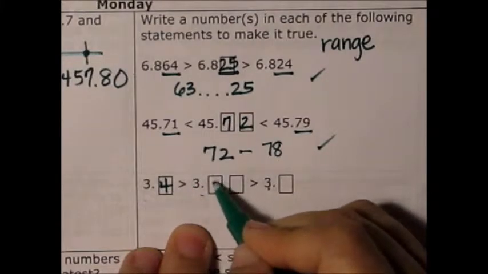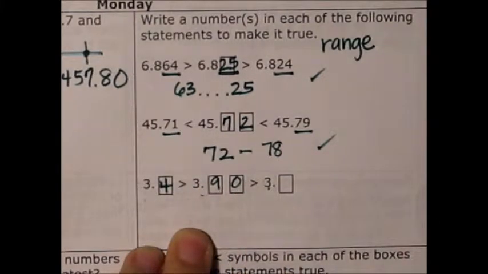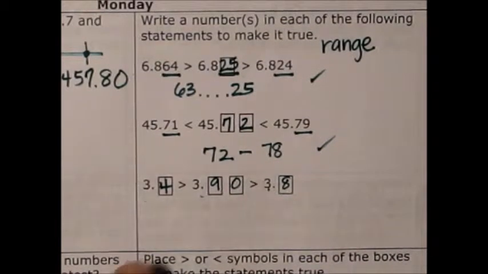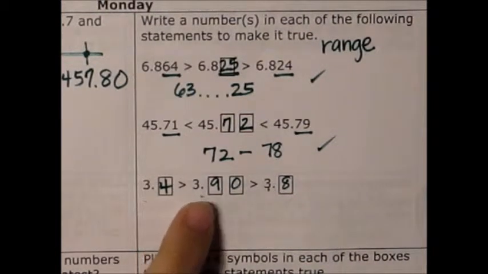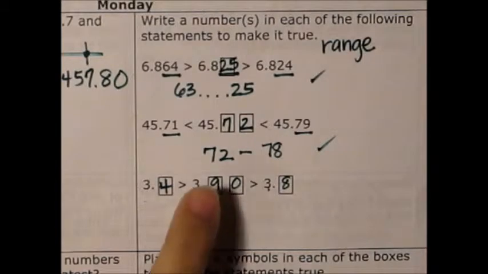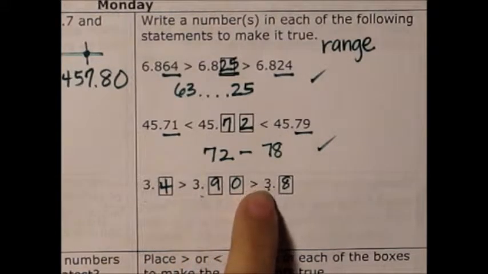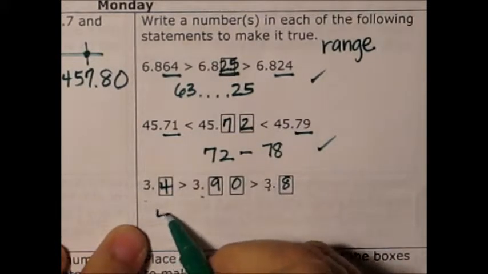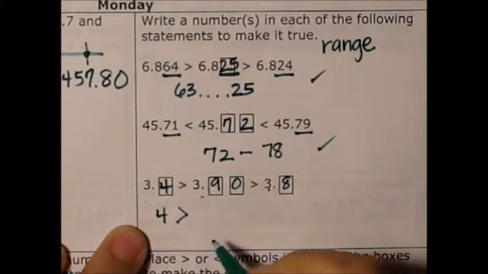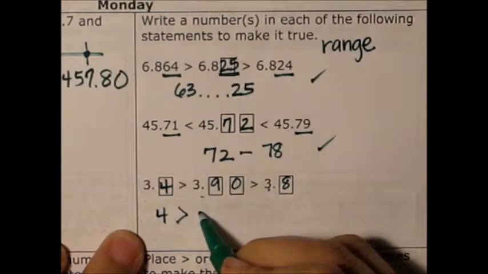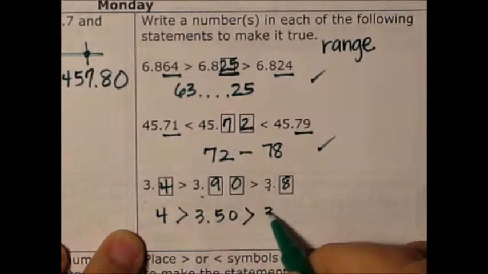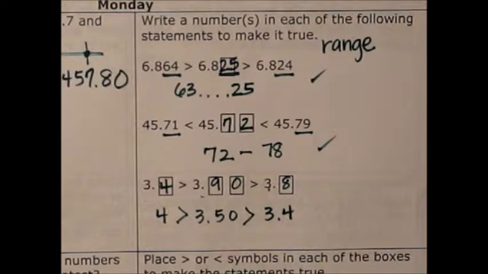If I put 3 and 9/10, wouldn't that be greater than 3 and 8/10? Yes. Could you put 3 and 2/10 or 20/100 greater than 3 and 1/10? Yes. So for instance, I could put 4 and 3 is greater than 3 and 50/100, which is greater than 3 and 4/10. There's a lot of possibilities for number 3.